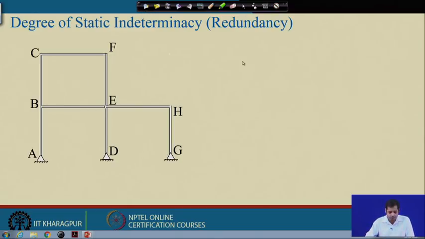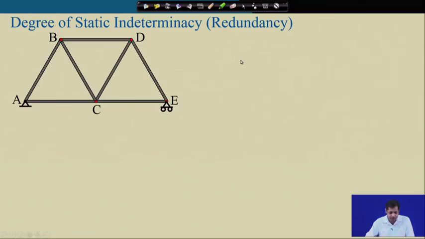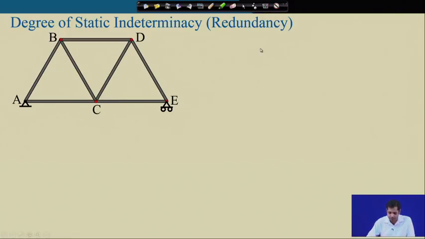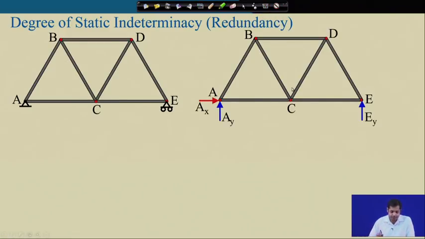Now, these are all for frame structures, beams and frames. And what about the truss problem? For the truss problem, first consider the free body diagram of this truss. If we take the free body diagram of this, the free body diagram is this.